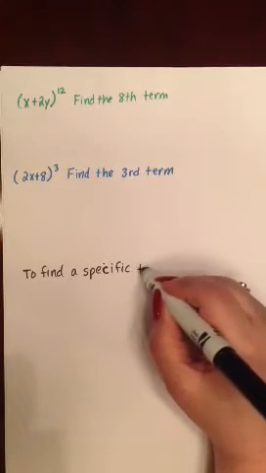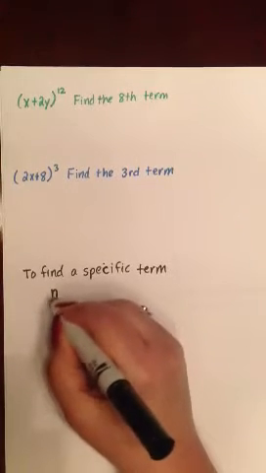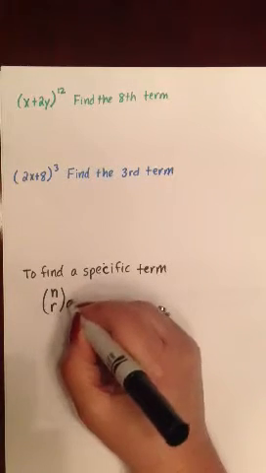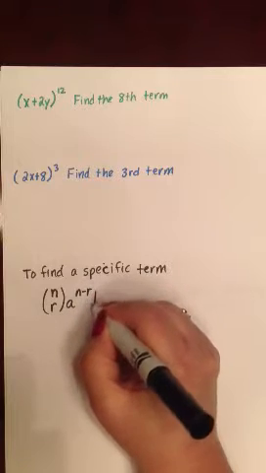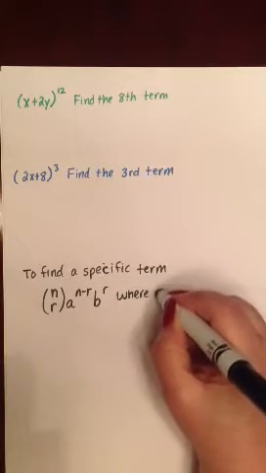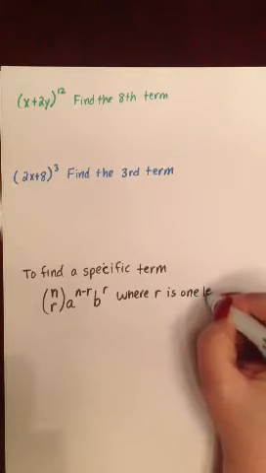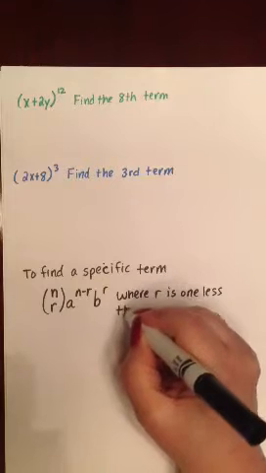To find a specific term, the formula goes n things taken r at a time, and it's a to the n minus r, b to the r, where r is one less than the term number.